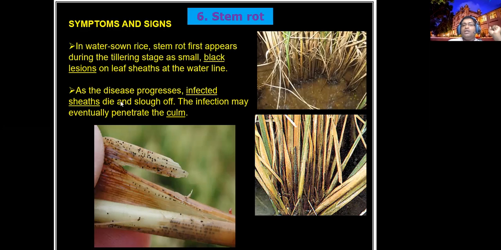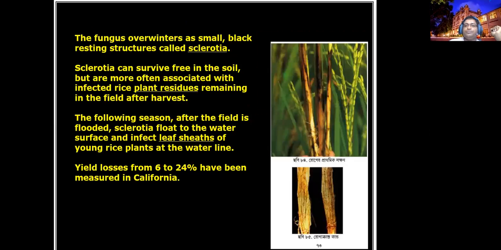As the disease progresses, the infected sheath dies, and the infection may penetrate into the culm region, where it is attached to the plant. So the disease progresses. The fungi causing this disease also produce sclerotia.